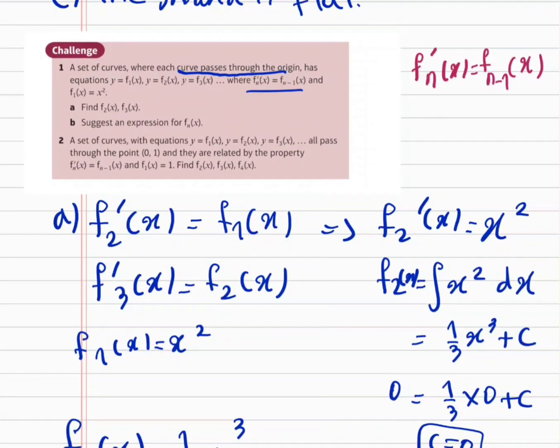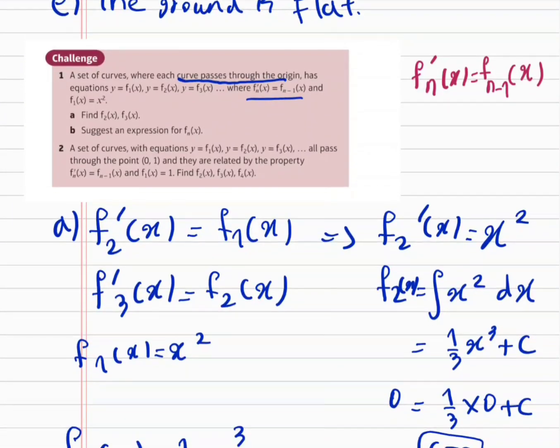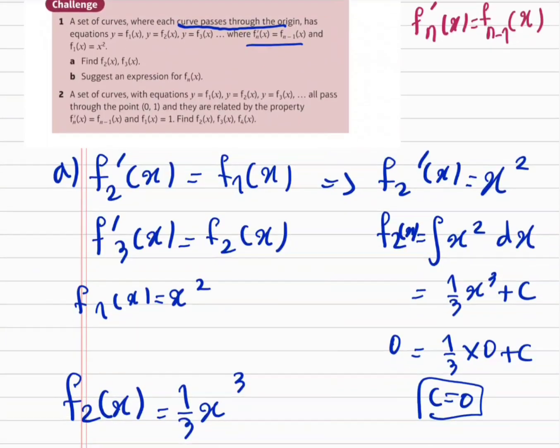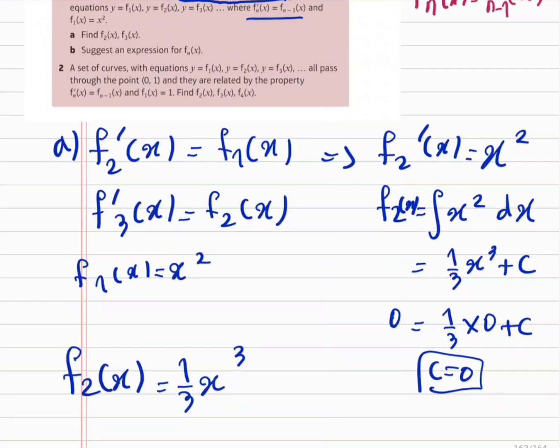Now for part B, we want to suggest an expression for fn(x). That's just the general term of this sort of sequence. If we want to find the nth term, we just need to notice the pattern, which is not very obvious.